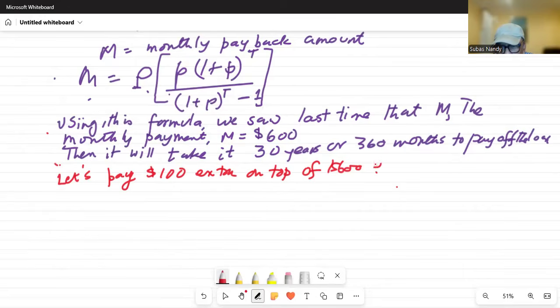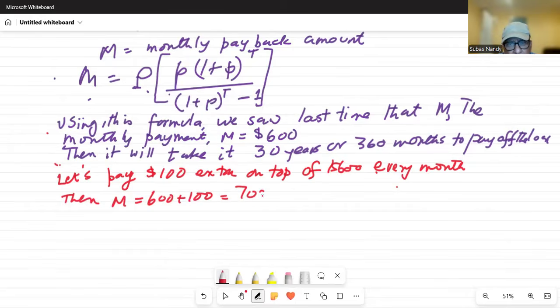I have to mention I do that every month. Then my M is 600 plus 100, which is equal to 700. My capital P is still 100,000. I borrowed that money initially.